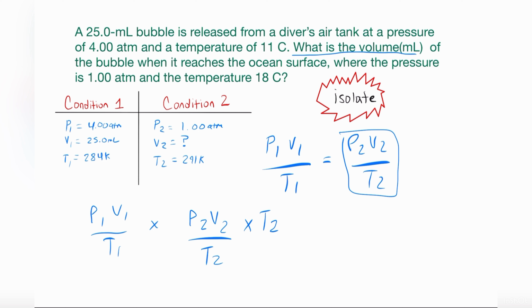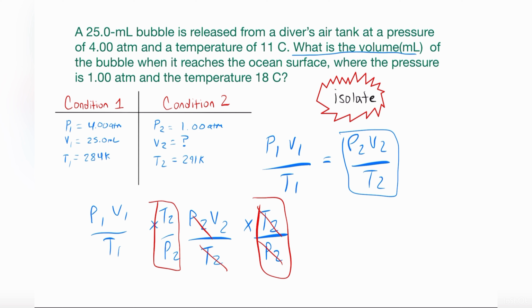And so on this side, we will also do T2 over P2. So in essence, we'll multiply both sides by T2 over P2 so we can cancel out the temperature and pressure. So now we can cancel this, cancel this, cancel this, cancel this.